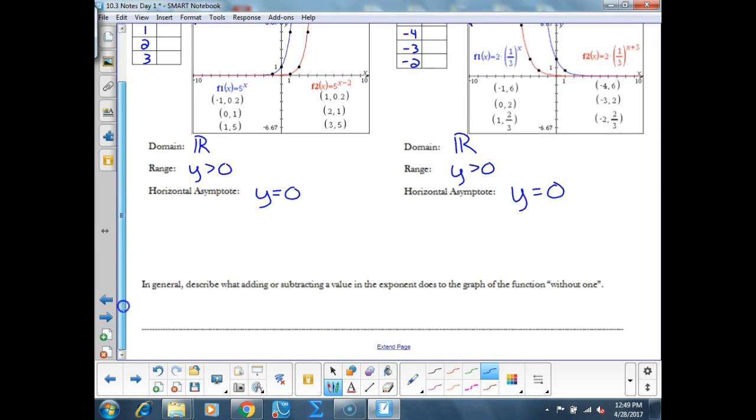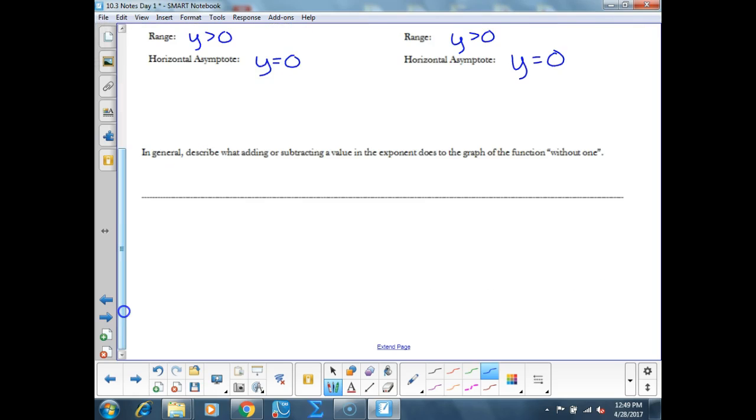Okay? So in general, describe what adding or subtracting a value to the exponent does in the graph of the function. It shifts the graph left or right.